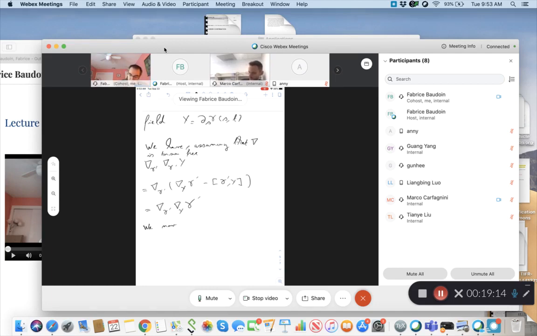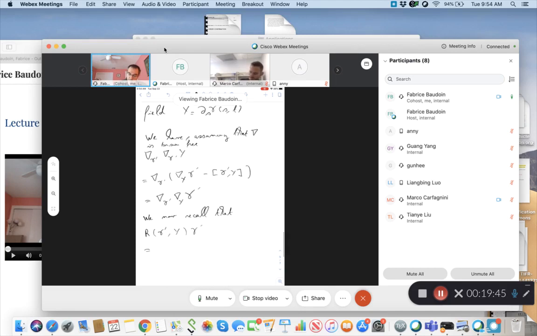we have the following equality. We now recall that the curvature tensor R of the connection is given by the following formula. I will apply the curvature tensor to gamma prime, y, and gamma prime.